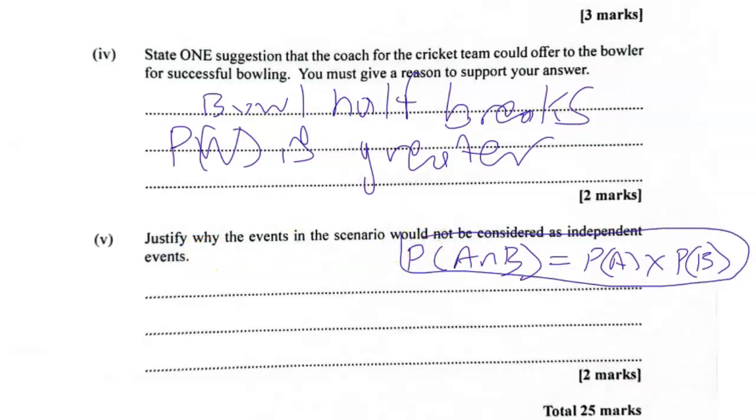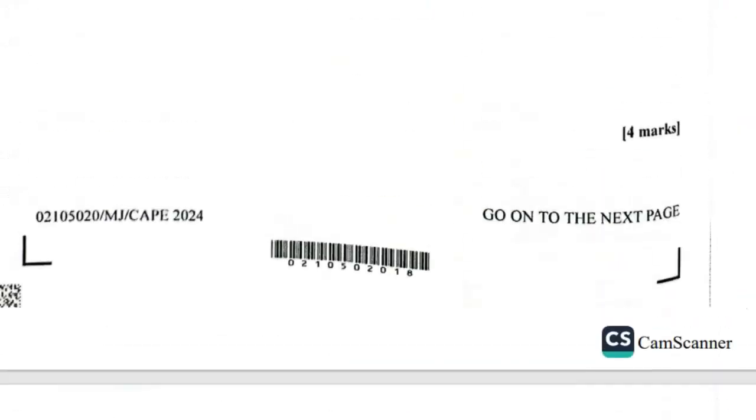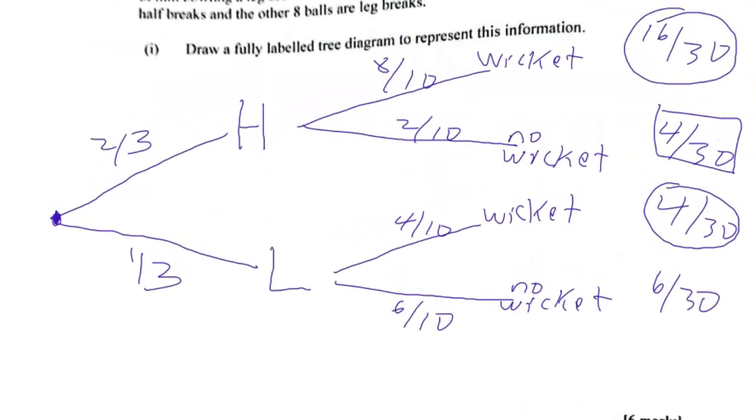Let's apply this to the context of this situation. So we can look at the probability of half break and wicket. The probability of half break and wicket is 16 out of 30.